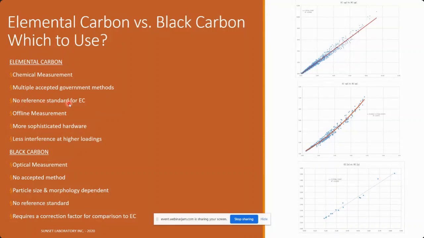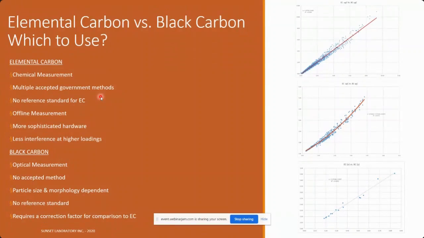Granted, there is no reference for EC. We are able to quantify it, and we are able to produce, I guess you might not call them reference filters, but performance evaluation filters to compare what you might see on an instrument of your own to what other people are getting.